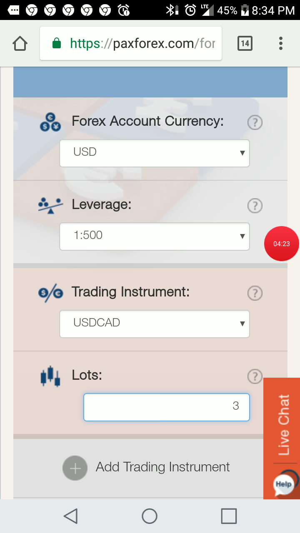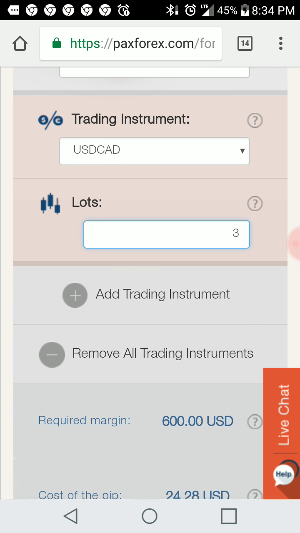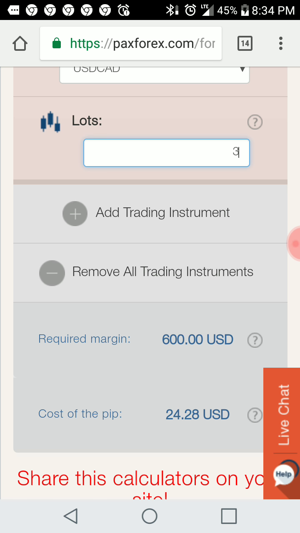All right, now we're over here at our nifty Forex calculator, and here we can determine the actual size of our trade that we need to do. So we're trading the dollar Canada, so everything's going to be in USD, and right now we have 500 to 1 leverage, and the actual trading instrument is the dollar Canada. Now we have 3 contracts that we're running.